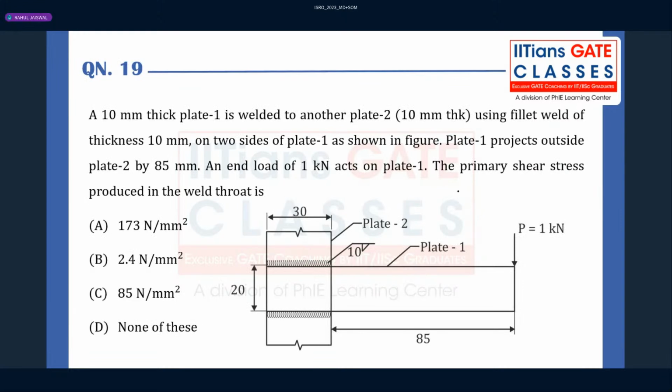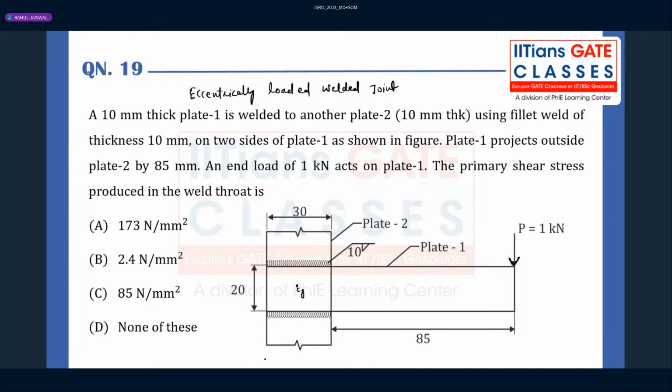Now coming back to this particular problem of eccentrically loaded welded joints. The joints which are being subjected to eccentric loading, because from the center of gravity, the loads which we have applied have some eccentricity.